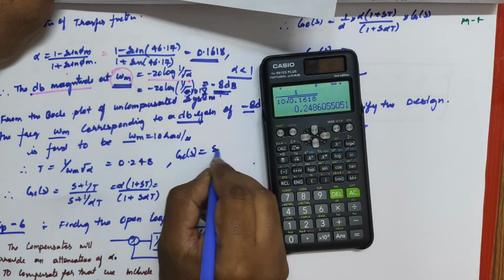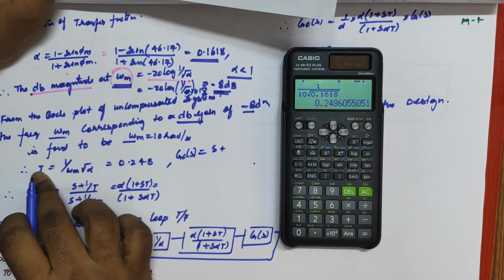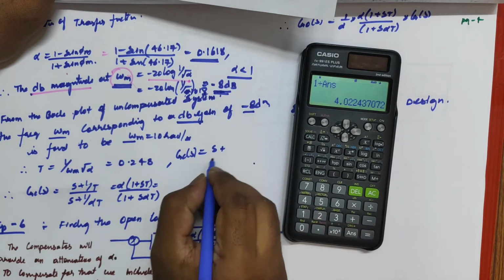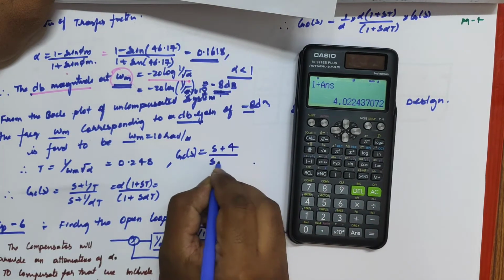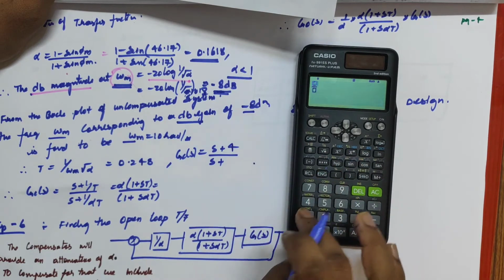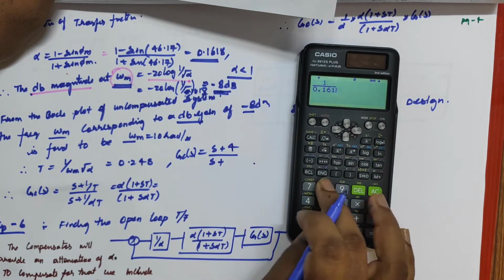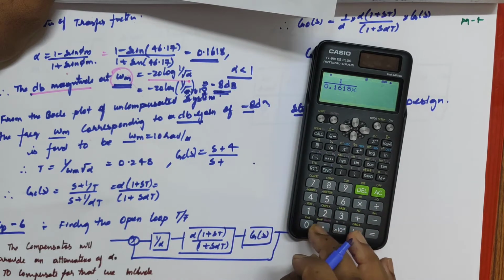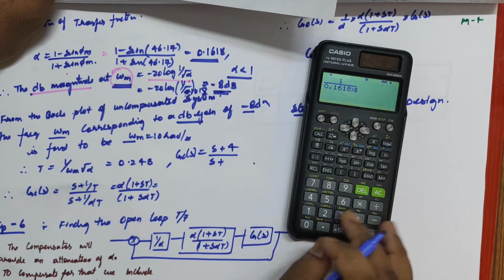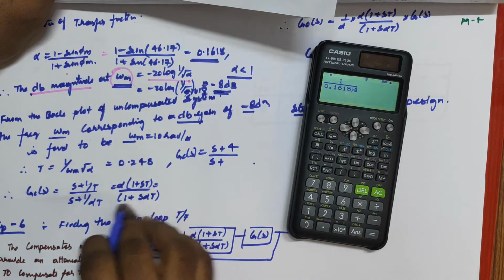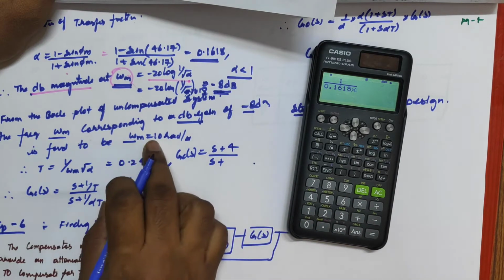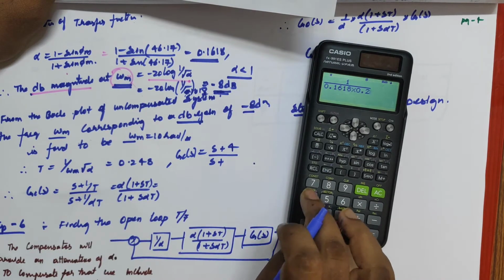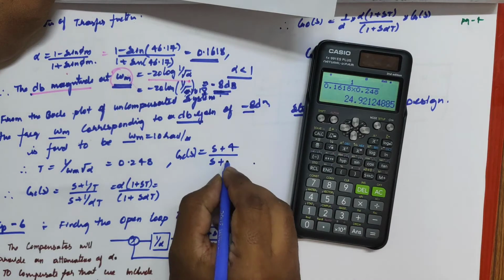So if we substitute that, we have the transfer function Gc(s) equal to s plus 1 by T, that is 4, over s plus 1 divided by alpha T, where alpha is 0.1618 and T is 0.248, so I got 24.92.